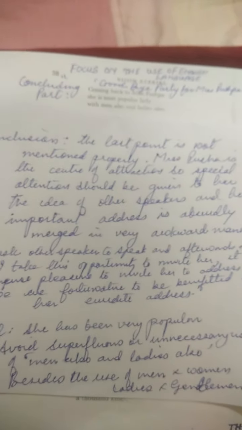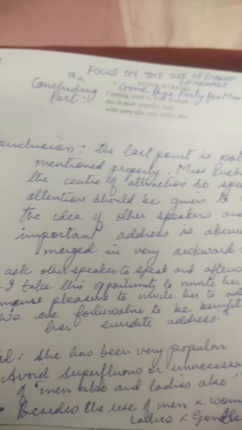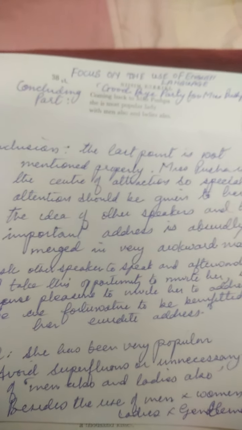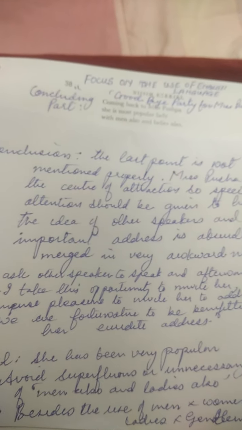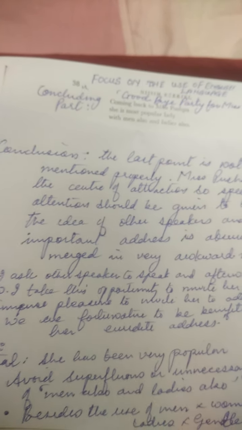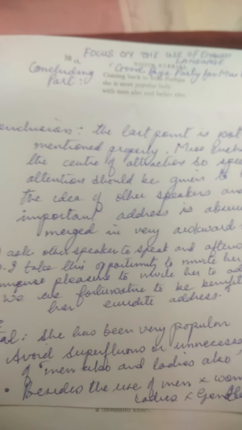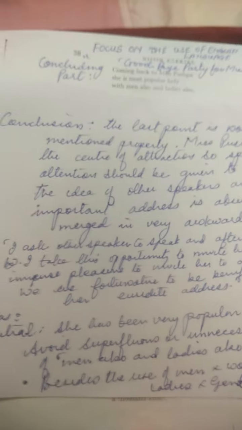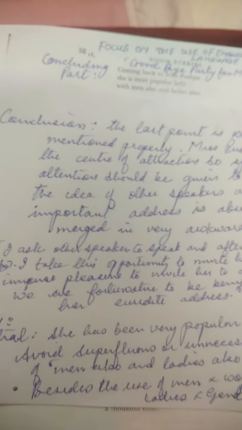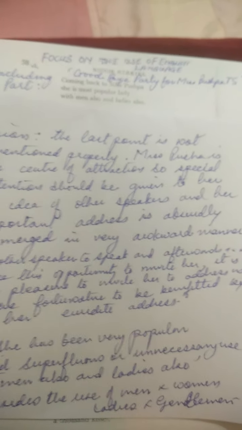And the last point: when we talk about this poem, Goodbye Party, the speaker does not conclude properly. You must have noticed she has mingled two points together in a very haphazard manner.